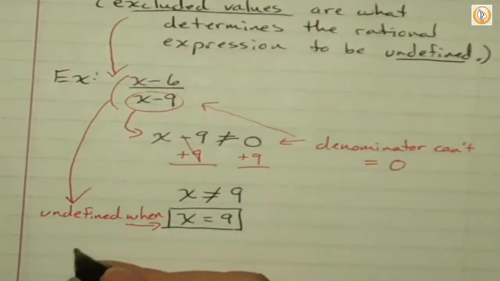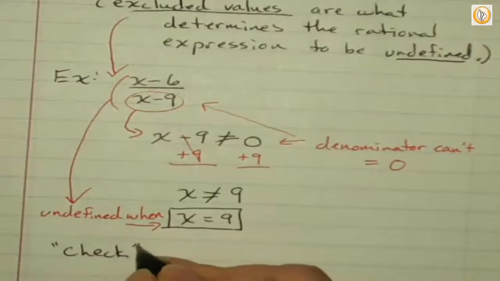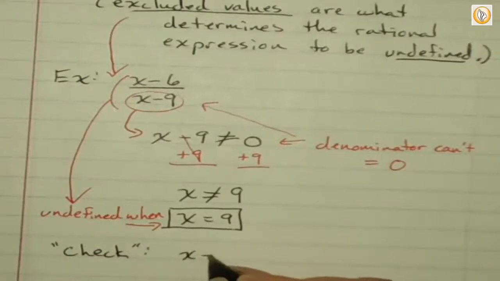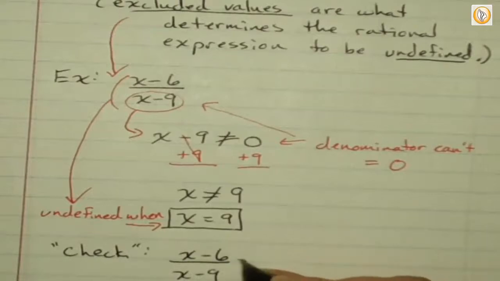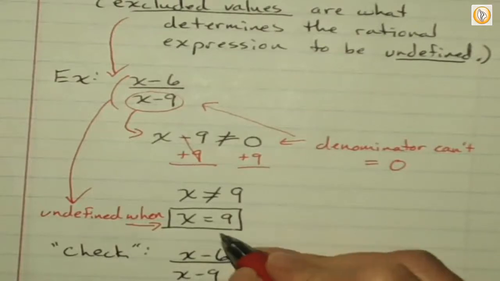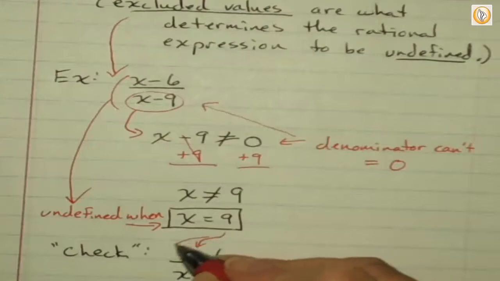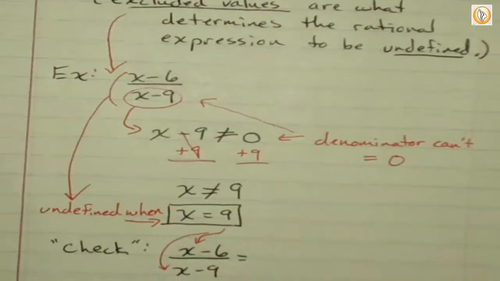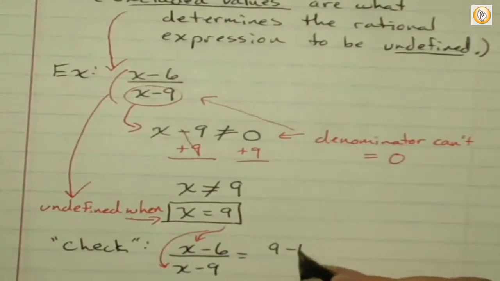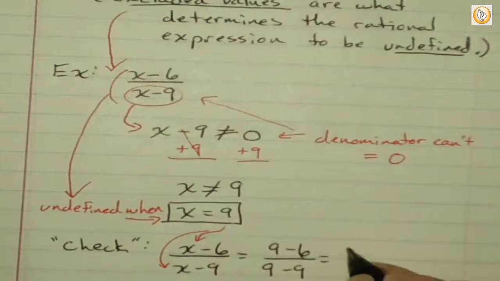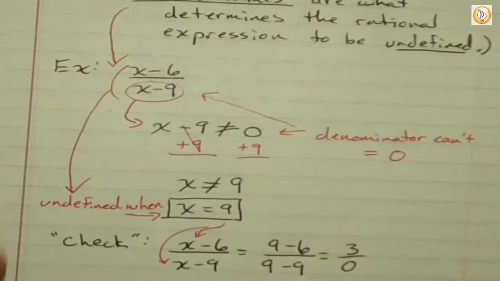So if we're to check, let's go back, x minus 6 over x minus 9. We're going to substitute 9 in for the x. So I have 9 minus 6 over 9 minus 9. That gives me 3 over 0.